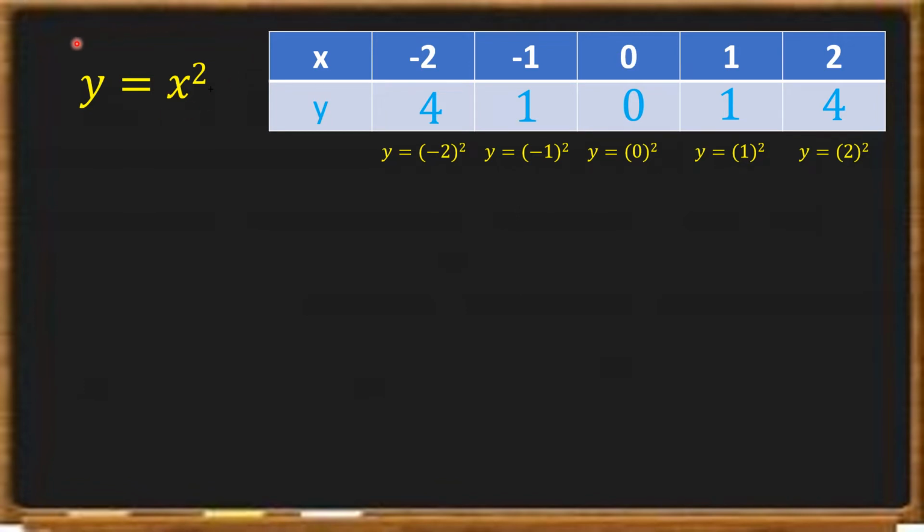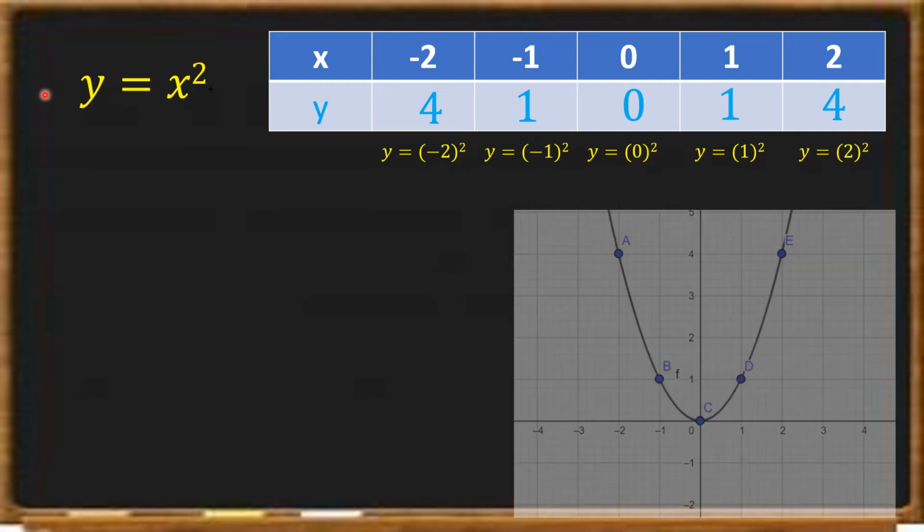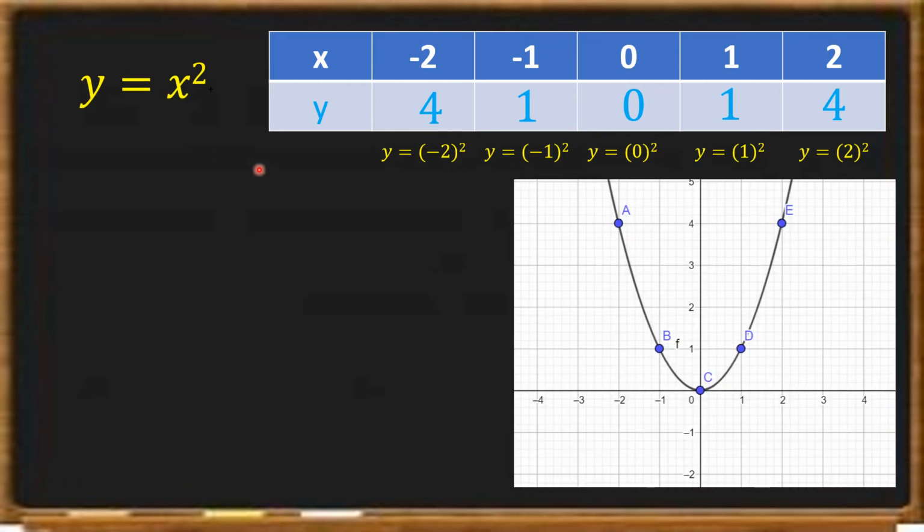So the graph of this quadratic function is this one. So this is your (-2, 4), (-1, 1), (0, 0), (1, 1), and (2, 4). So those are the 5 points that we got from this table.